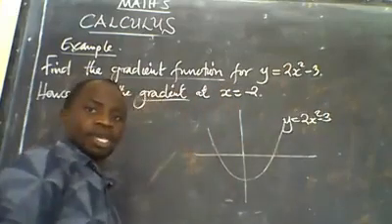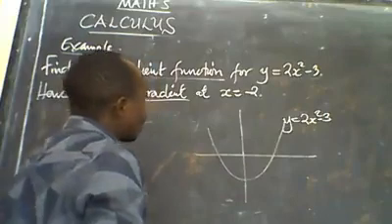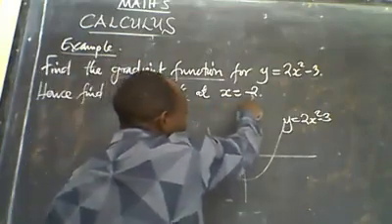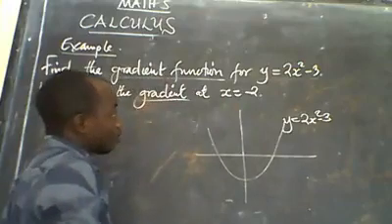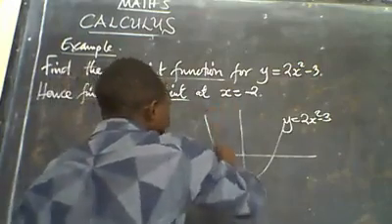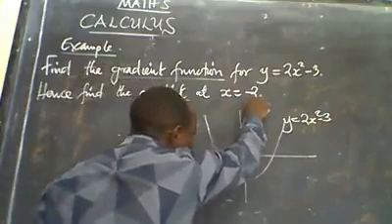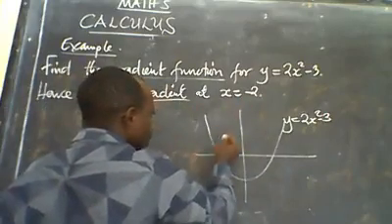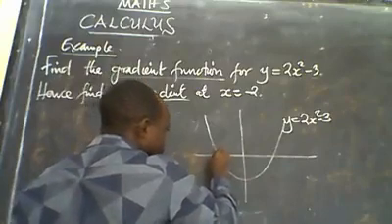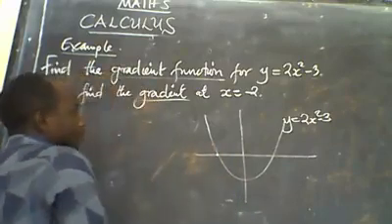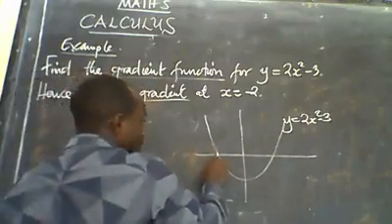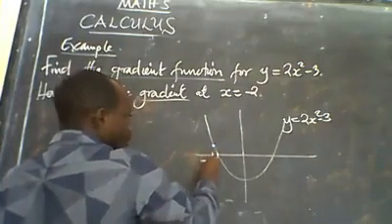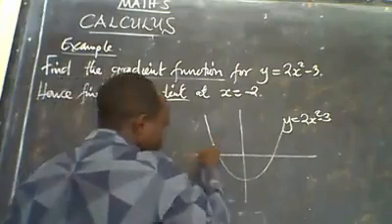I've been asked to find the gradient at x is equal to negative 2, so maybe this is the point, where x is equal to negative 2, right?